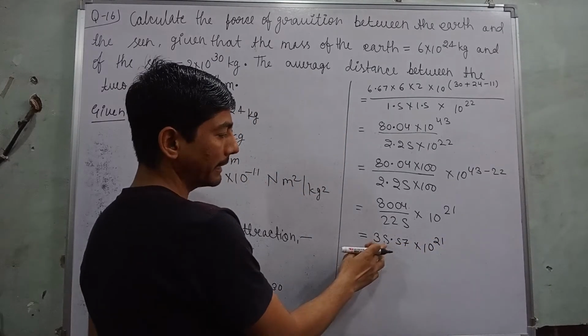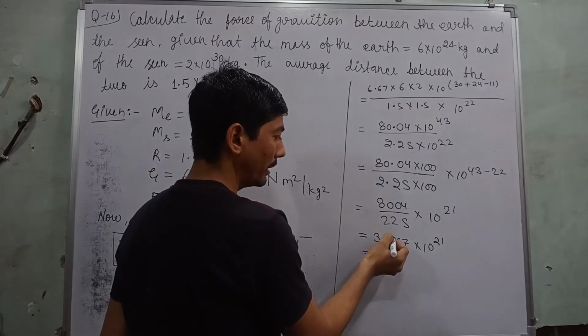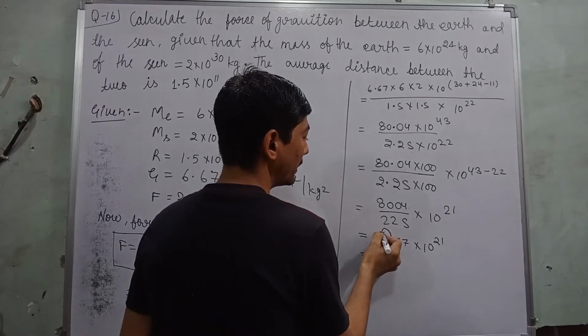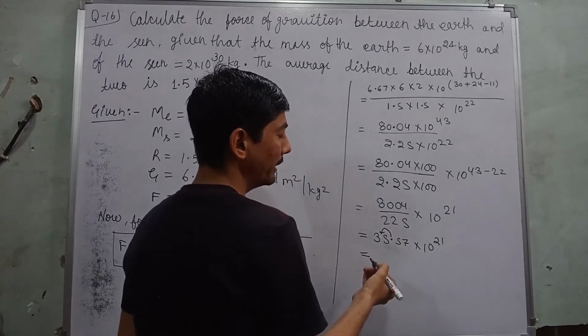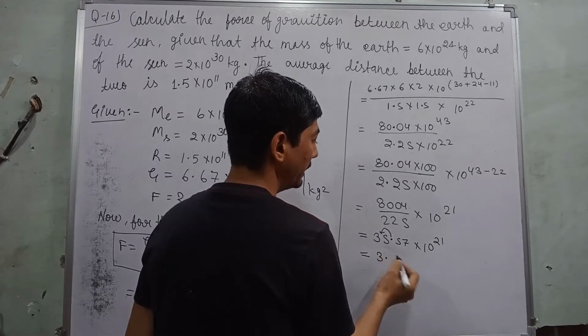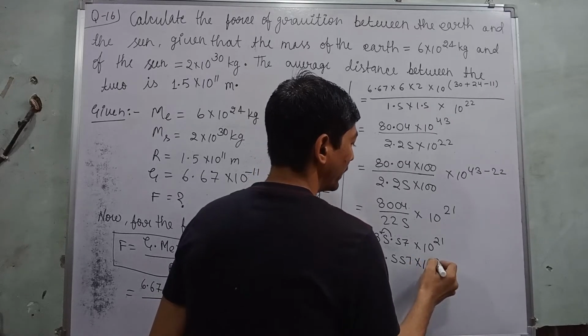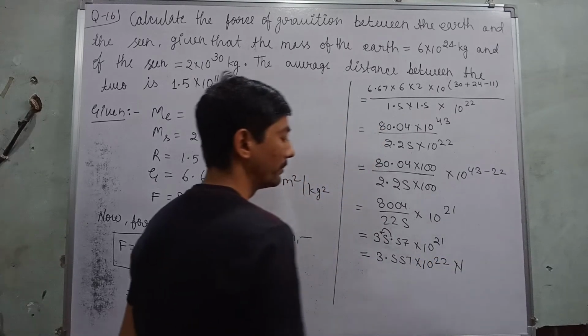But you know, in scientific notation we put the decimal after one digit. So when we slide the decimal place one digit to the left, we increase the power by one. So I write here 3.557 into 10 to the power 22 Newton.